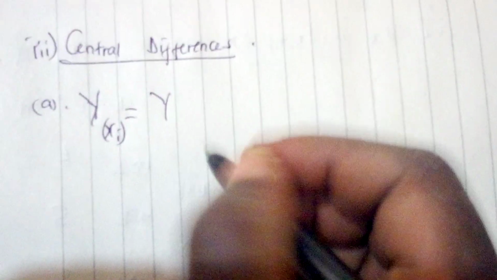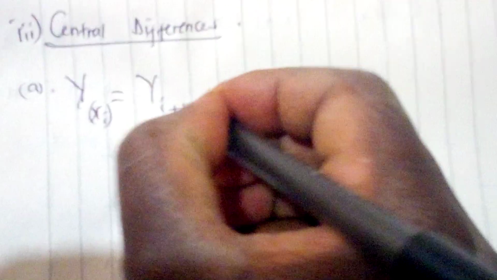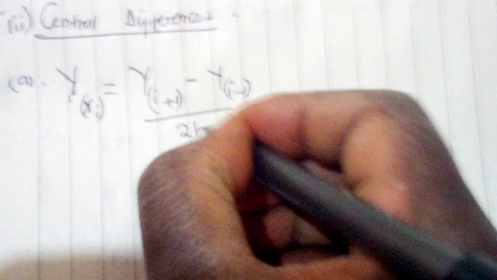Then we have number 3, central differences. Formulas for central differences. So we have y prime xi is equals to y i plus 1 minus y i minus 1 divided by 2h.